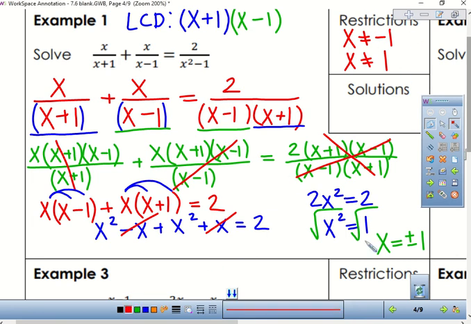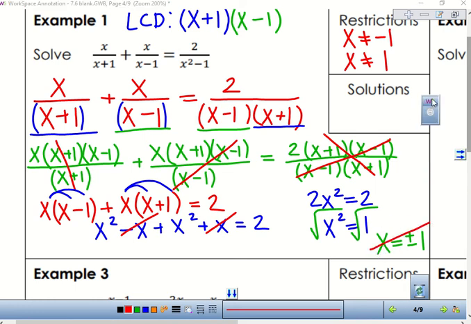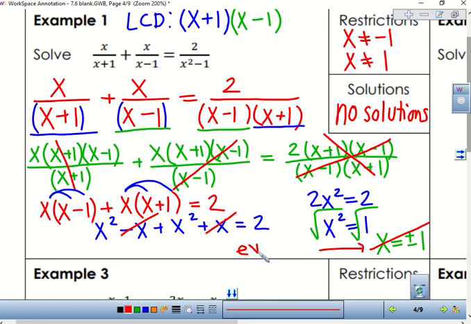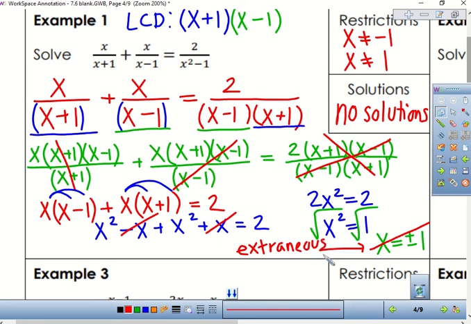So if any of your solutions or all of your solutions come out to be what the restrictions are, this is rejected and called a what? Extraneous. Good. So this is what we call extraneous. So that's an extraneous solution.